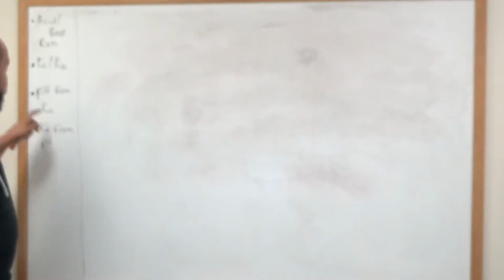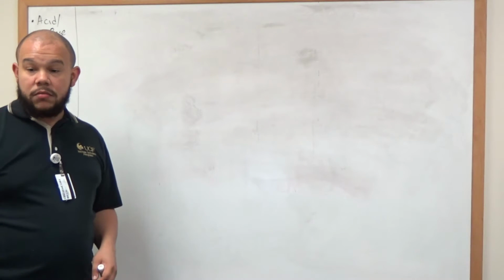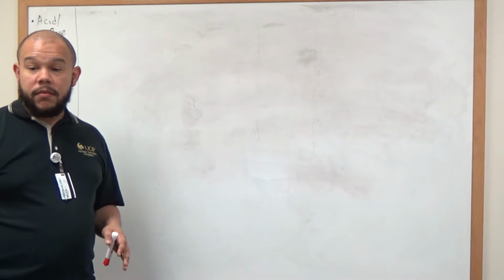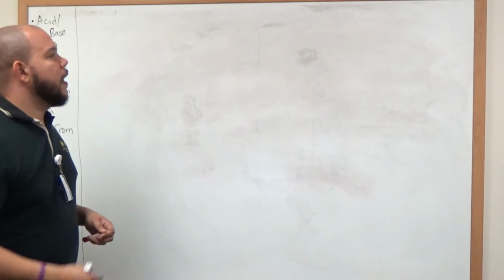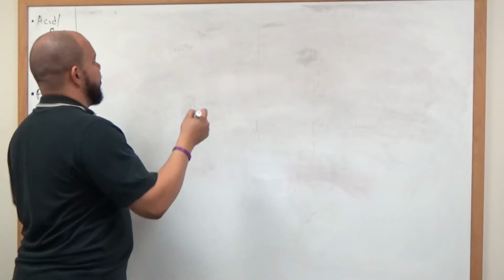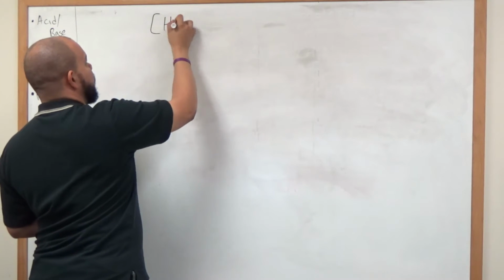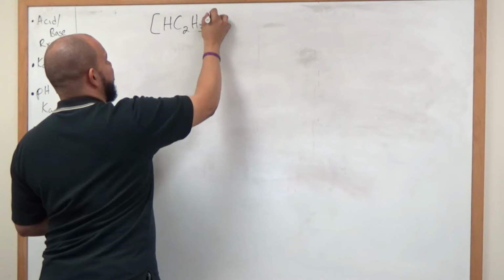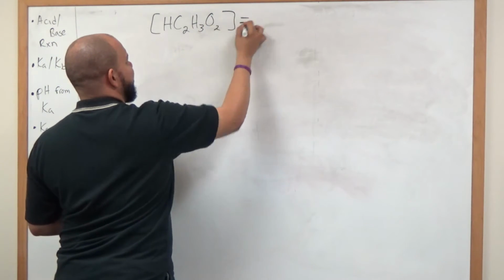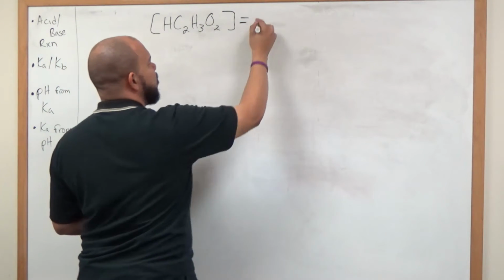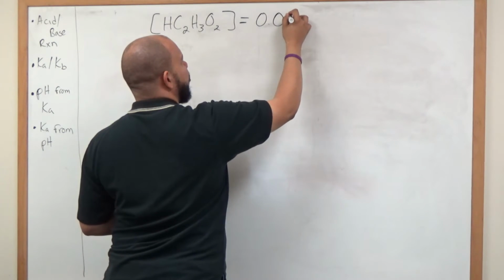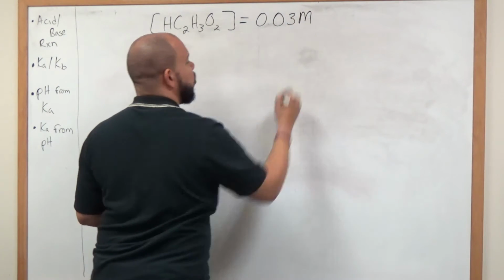So the next thing we're going to do is determine the pH of a weak acid solution from the Ka. So let's take this acetic acid, and let's say that we have a concentration of acetic acid that is equal to 0.03 molar.